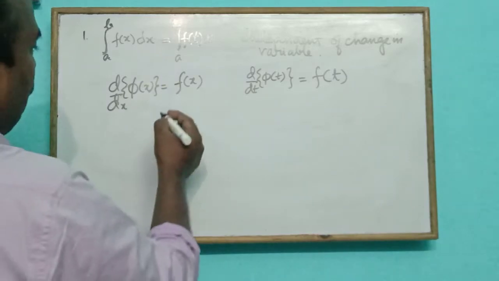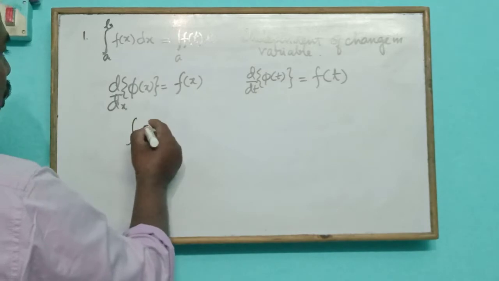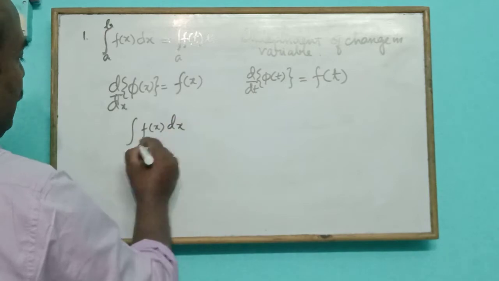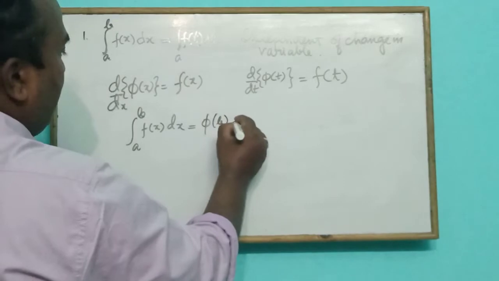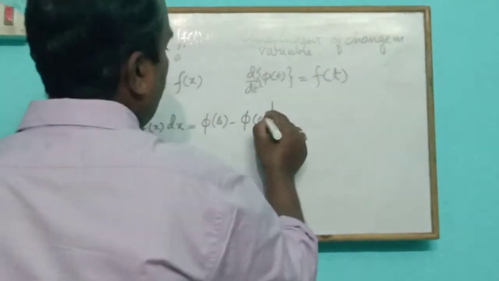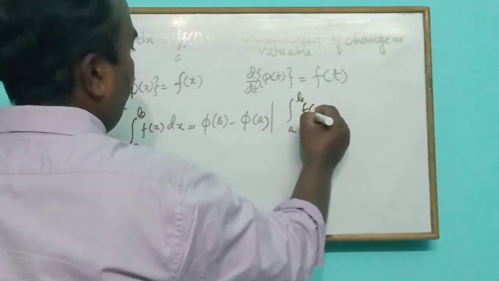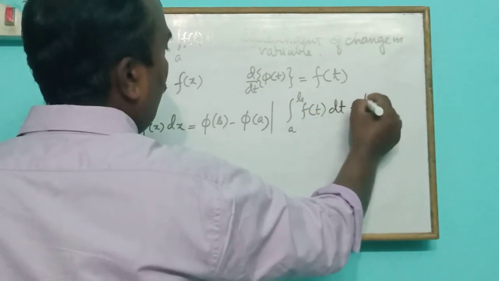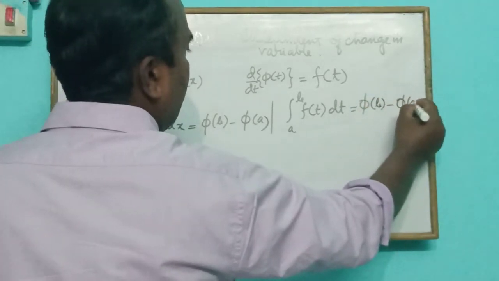So if I use the concept of definite integral, integration of f x dx from a to b is equal to phi b minus phi a. Same way, integration from a to b of f of t dt is also phi b minus phi a.